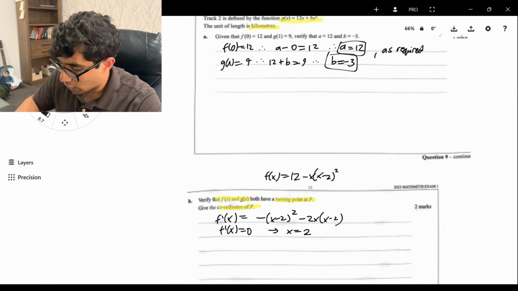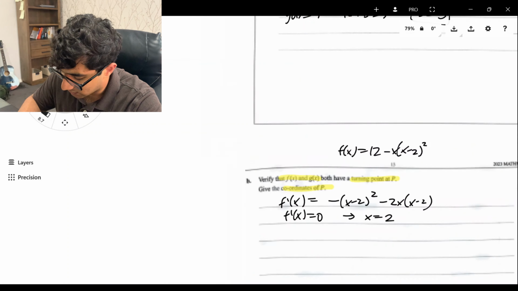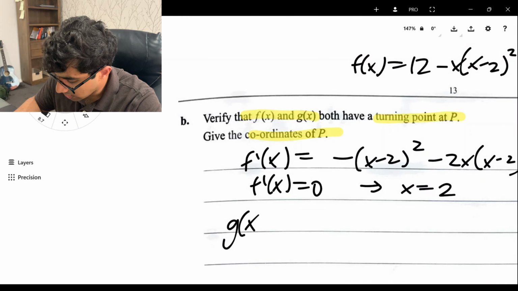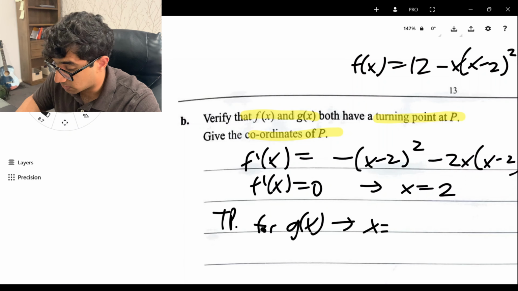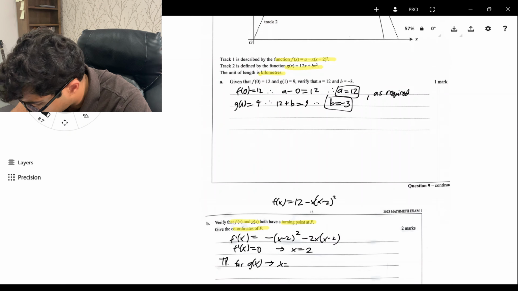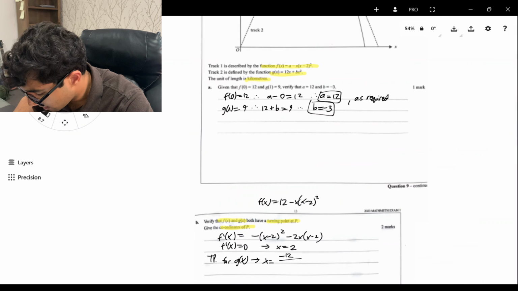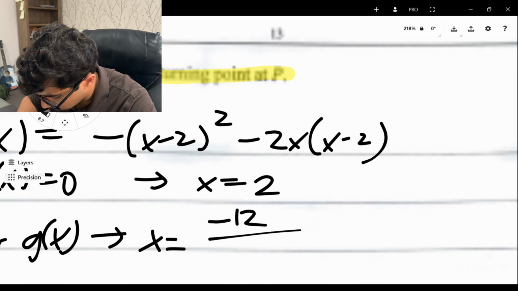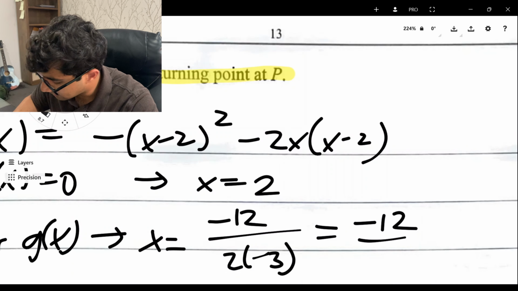But we also have g of x that we need to deal with. So hopefully we'll see if g of x gives us the same answer. So the turning point for g of x. Because g of x is a parabola, it's going to occur at x equals minus b over 2a. So minus b, so minus 12, the coefficient of x, over 2 times minus 3, which is minus 12 over minus 6, which is equal to 2.